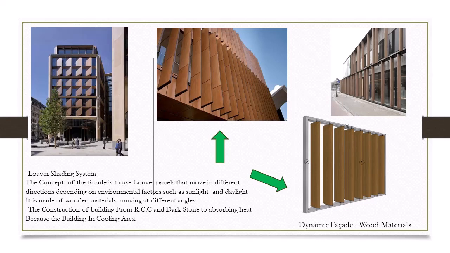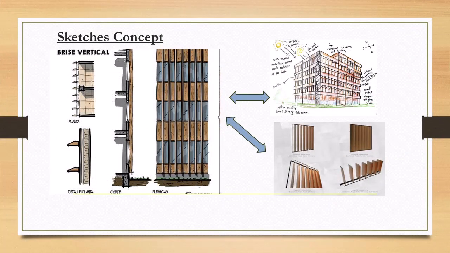The building is constructed from RCC, and the stone is dark to absorb heat because the building is in a cooling area in the UK. These sketches show the adopted design method, and its working mechanism will be presented after the analysis.